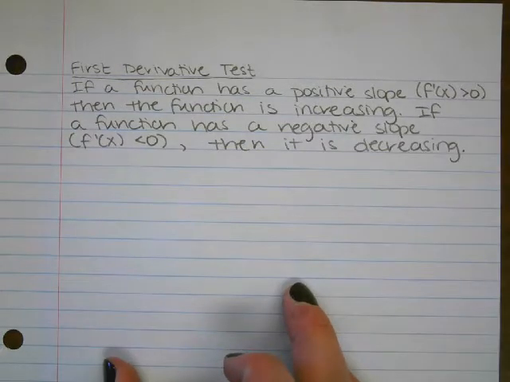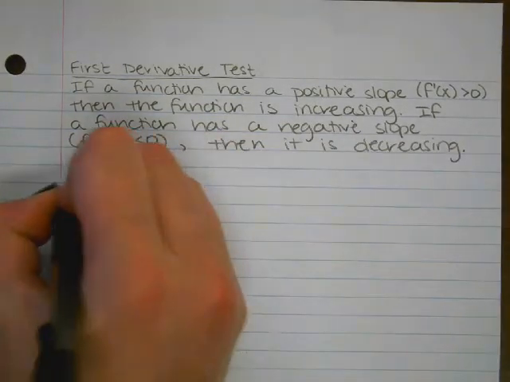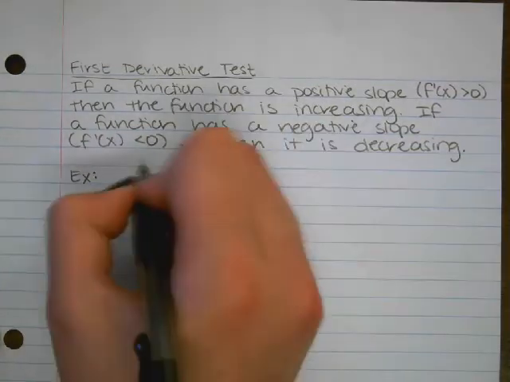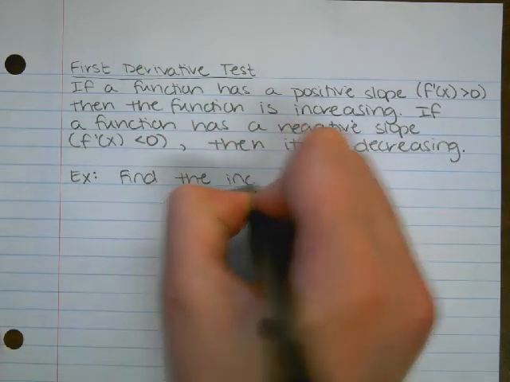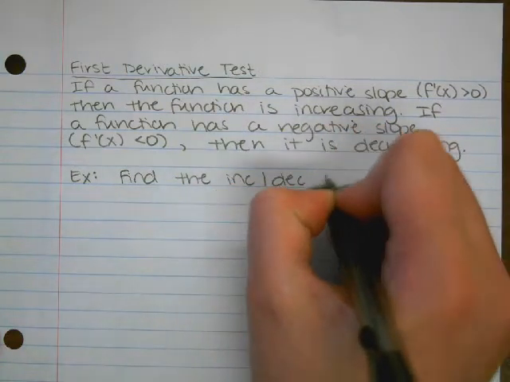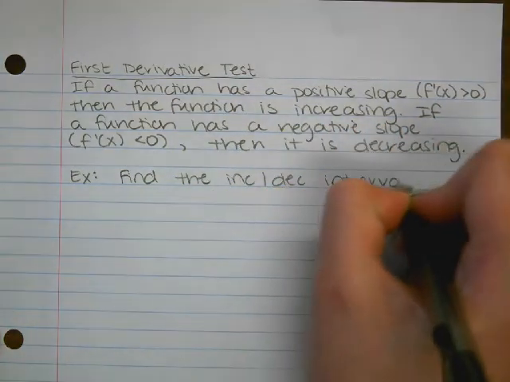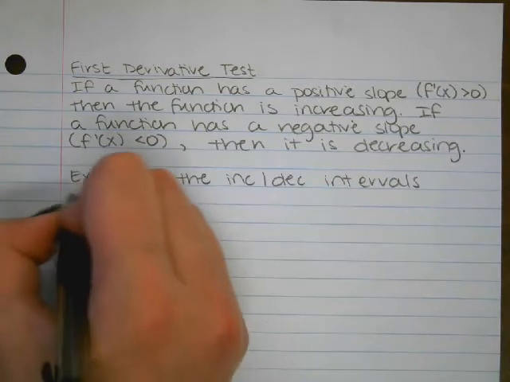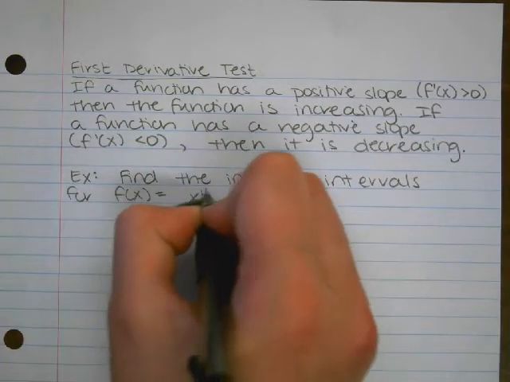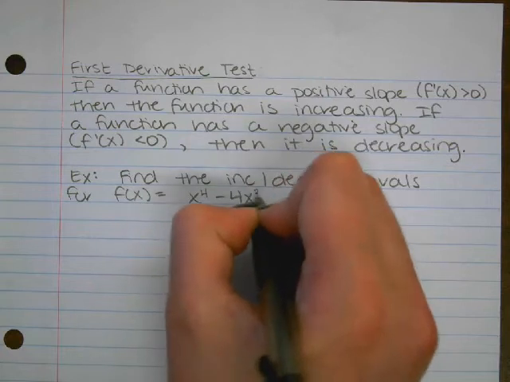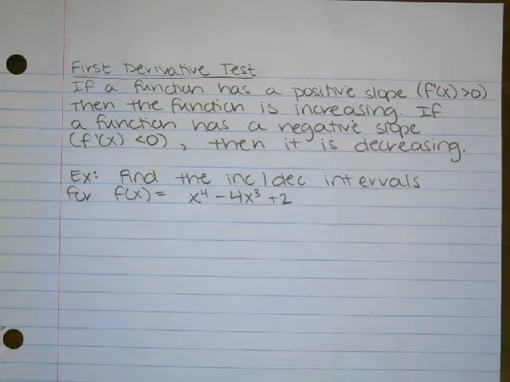All right, so we're going to go ahead and do an example with that. We're going to find the increasing and decreasing intervals for f of x equals x to the 4th minus 4x to the 3rd plus 2.